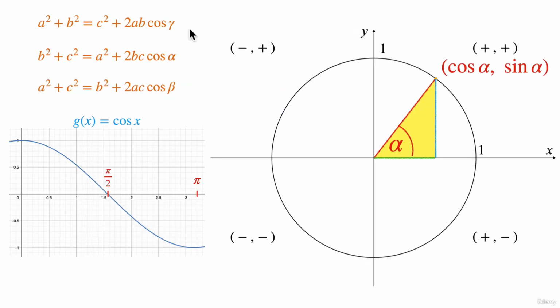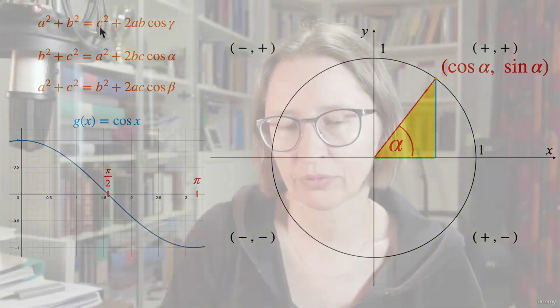And you can also see this numerically. If gamma is obtuse, then this expression is negative. So if c squared plus something negative must be equal to a squared plus b squared, it means that c squared on its own must be larger than a squared plus b squared.